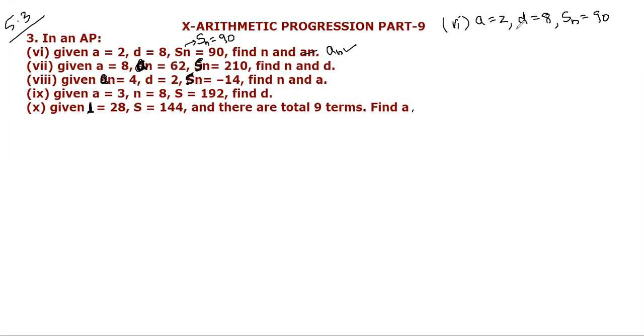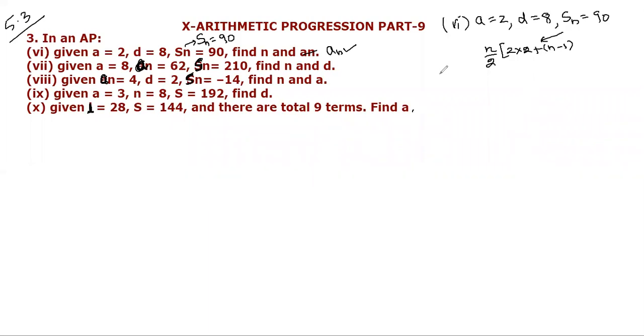A and d are given, so we can use this formula first. If we apply this formula, then it will be equal to n by 2, 2a, 2 into a is 2, plus number of terms, we have to find out number of terms, into common difference. Common difference is 8.